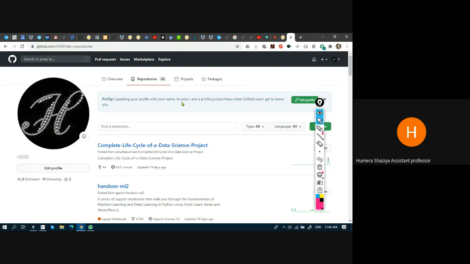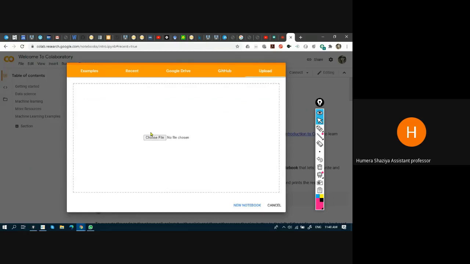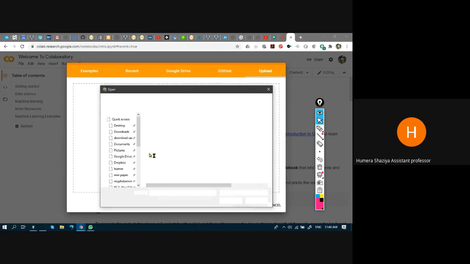This is a cloud service where you can post any kind of material, and this can be linked to Google Colab, and I can open the programs from GitHub in Google Colab and execute the programs, and then I can upload from my local machine.